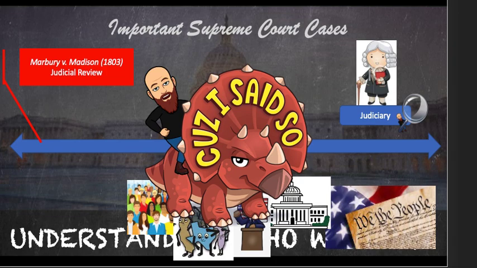And all of these other groups, the people, the states, the executive, the legislative branch, even the Constitution to some degree, are controlled by whatever the Supreme Court says it is.